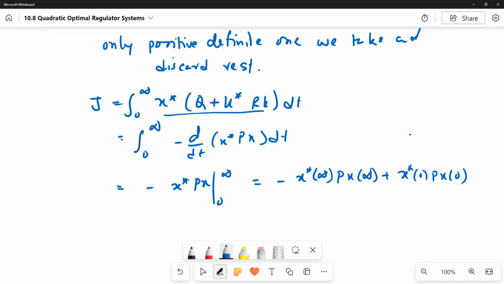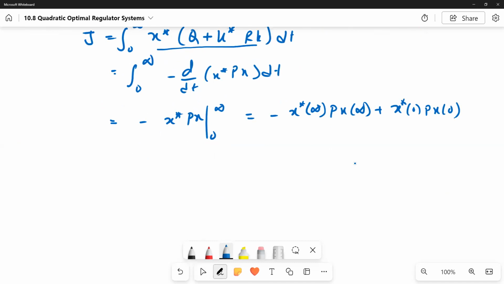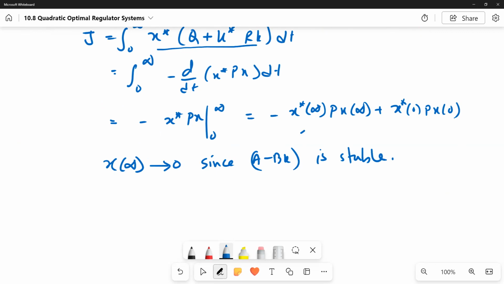Since our system is stable, A minus BK is stable, our states eventually will vanish, so x star infinity goes to 0. So we can discard this component.